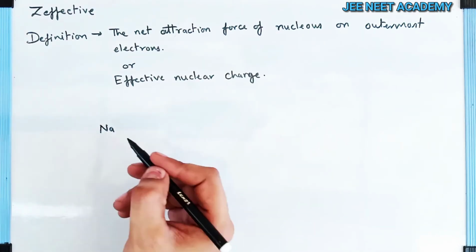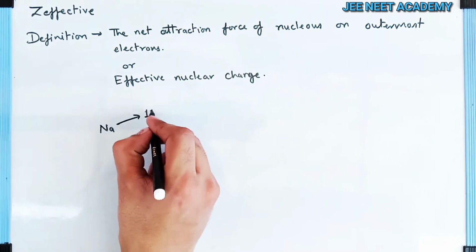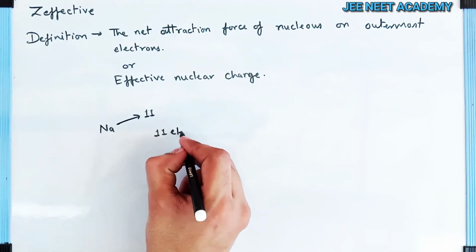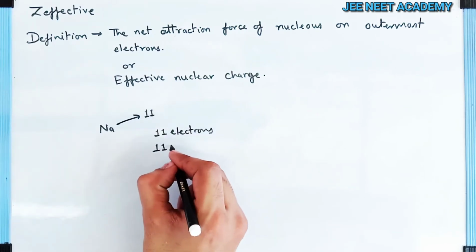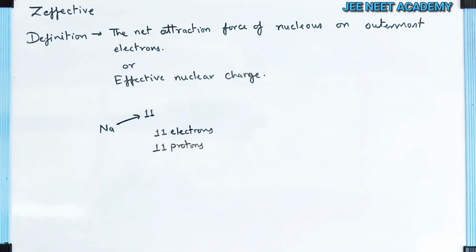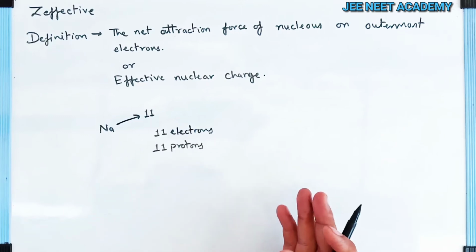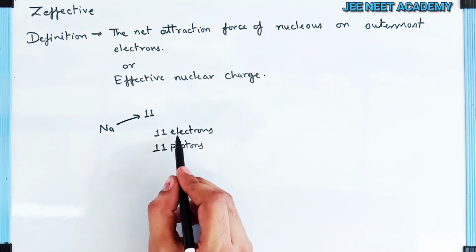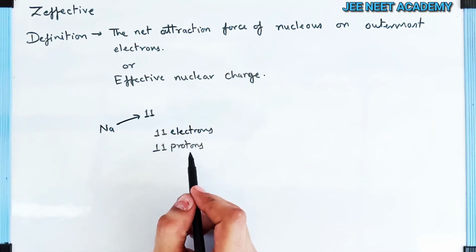What is the atomic number of sodium? 11. So 11 electrons and 11 protons, and 11 neutrons also, but we will not consider them because neutrons don't have any charge. An electron has a minus charge, a proton has a plus charge.